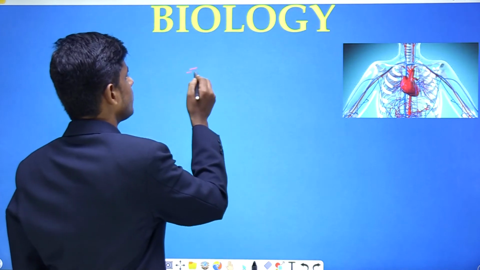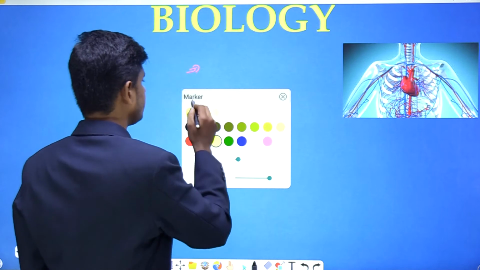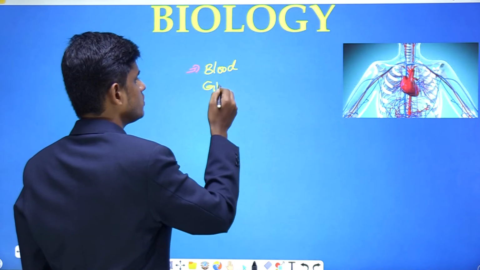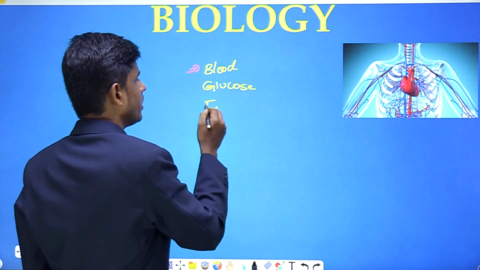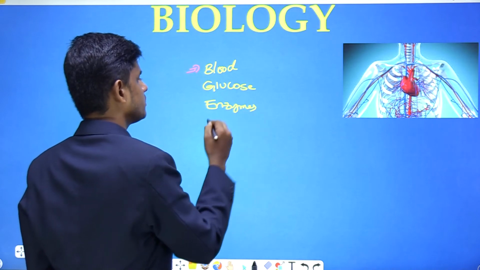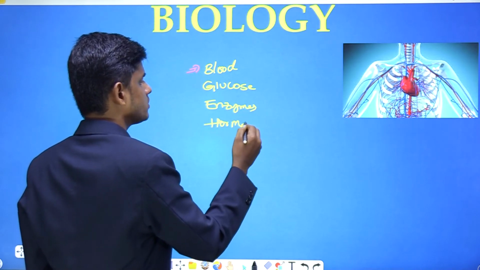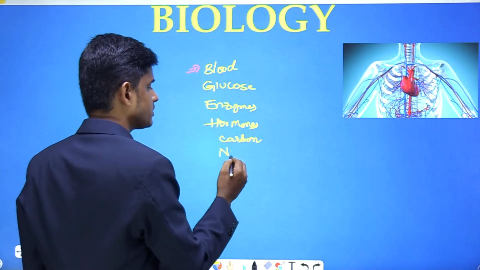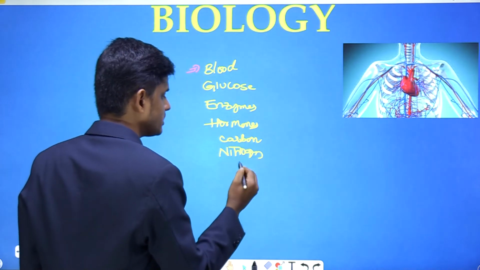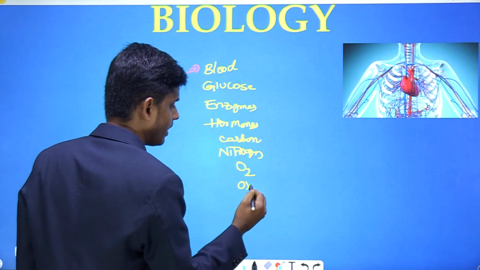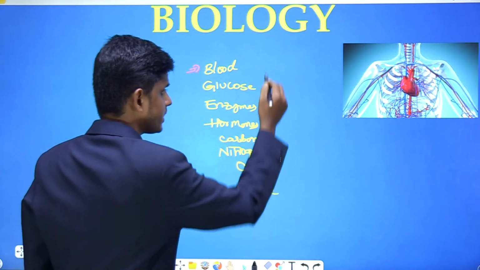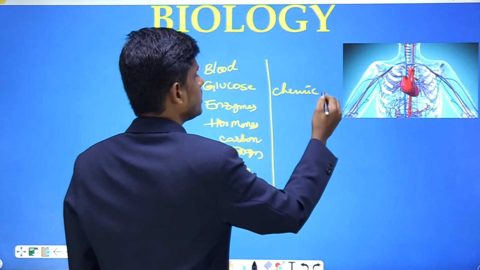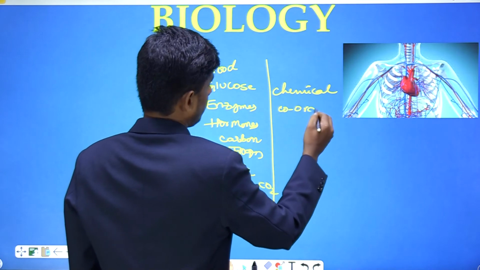The substances are blood and some other chemicals like glucose, enzymes, and hormones, and some substances affiliated with carbon, and some substances like nitrogen, oxygen, and carbon dioxide, and also some chemical coordinators.